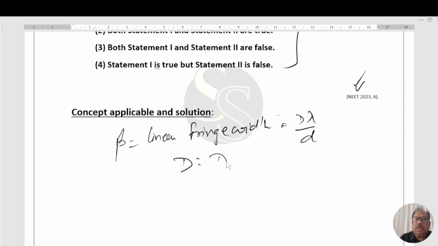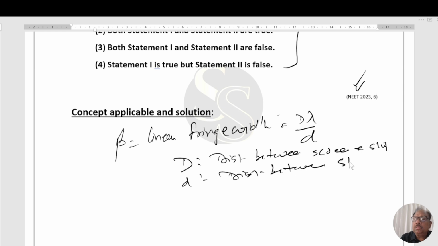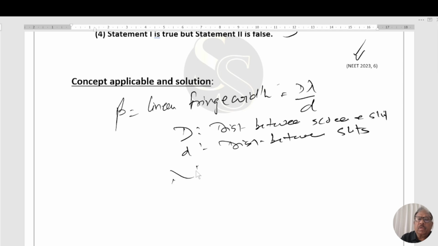Capital D is the distance between screen and slits, small d is the distance between slits, and lambda is the wavelength of monochromatic light used.